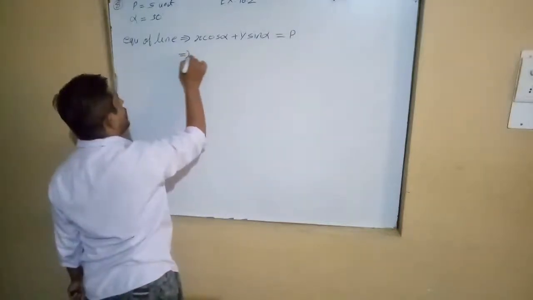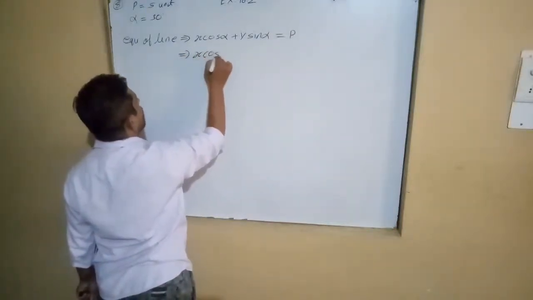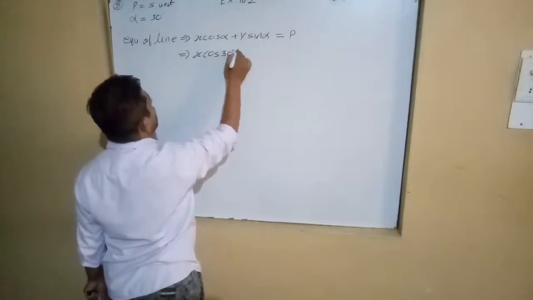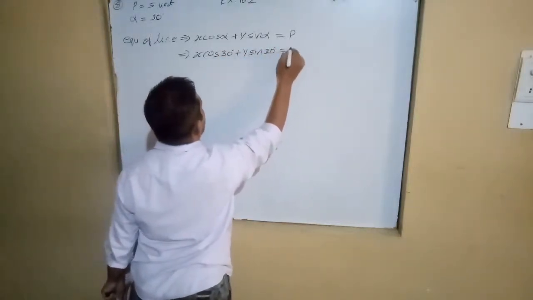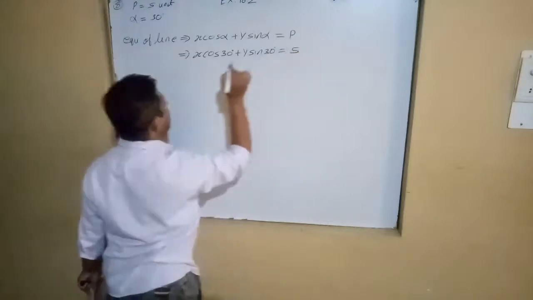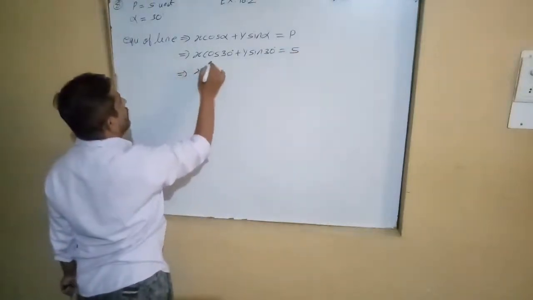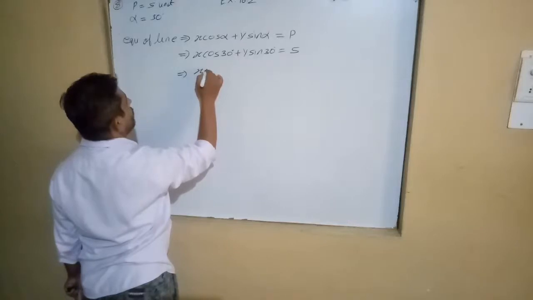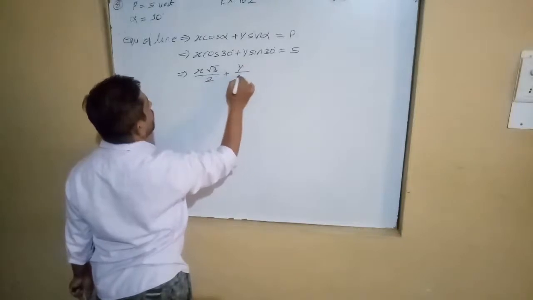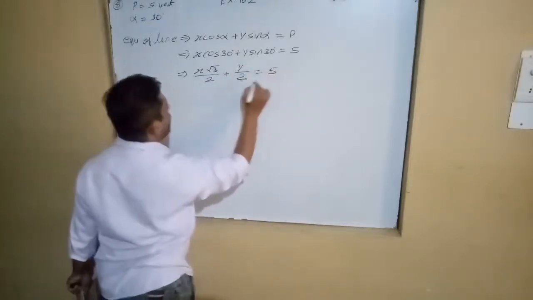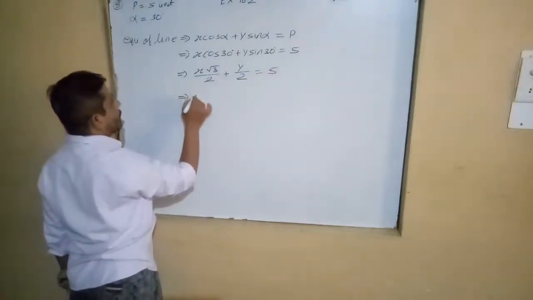Now fill in the values here. x cos 30 degrees plus y sin 30 degrees is equal to p, means 5. Now cos 30 is root 3 by 2, so root 3 by 2 x plus y sin 30, which is 1 by 2, is equal to 5. Now take the LCM, so what will come?